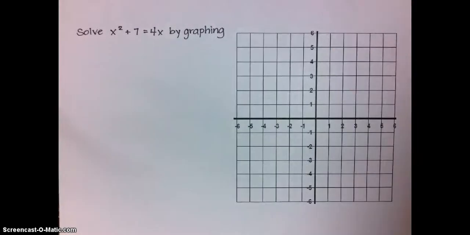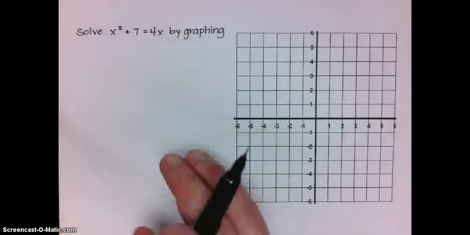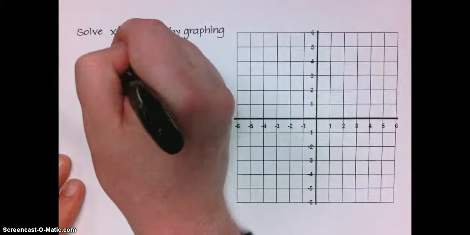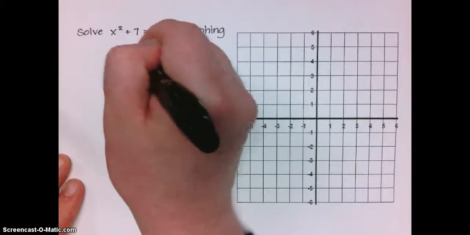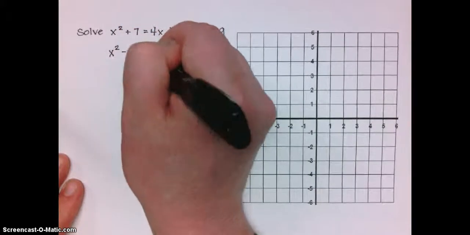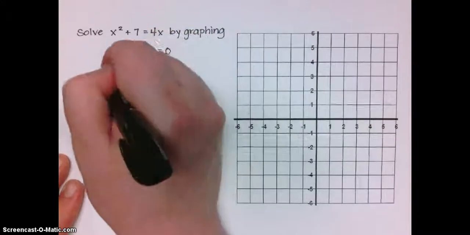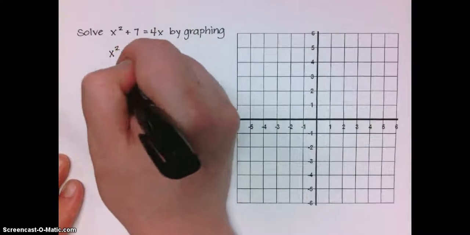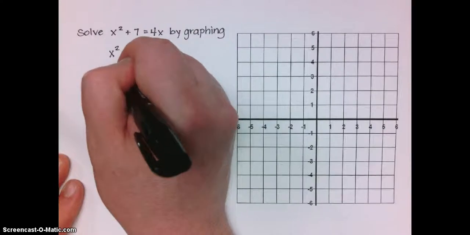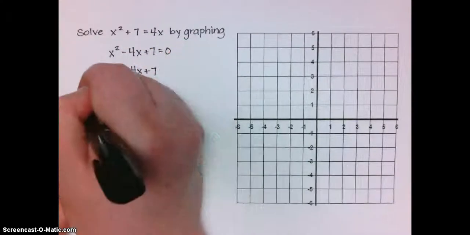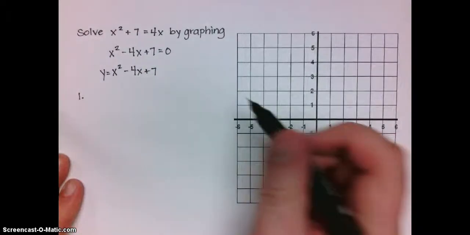So this time I want you to solve x squared plus 7 is equal to 4x by graphing. So again, we need to rewrite our equation by subtracting 4x. So it's going to be x squared minus 4x plus 7 is equal to 0. I'm going to write it as a function of x, so y is equal to x squared minus 4x plus 7. First step, let's check. Is it going up or down?